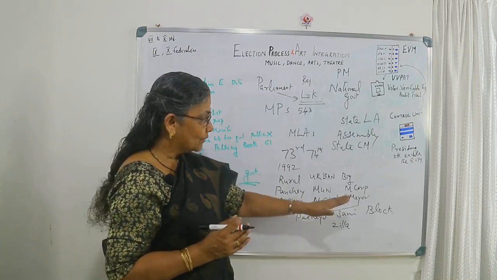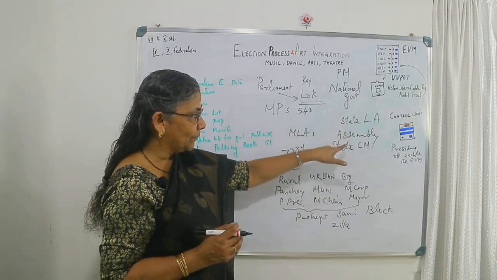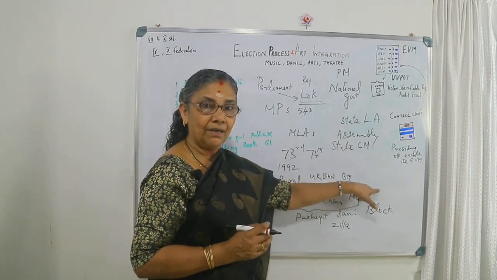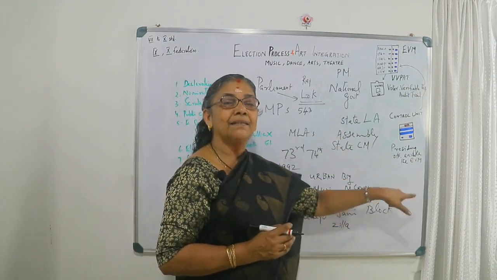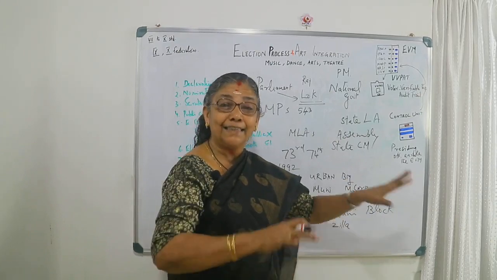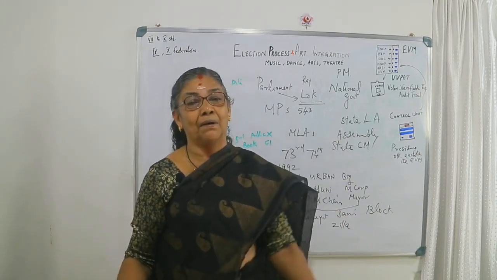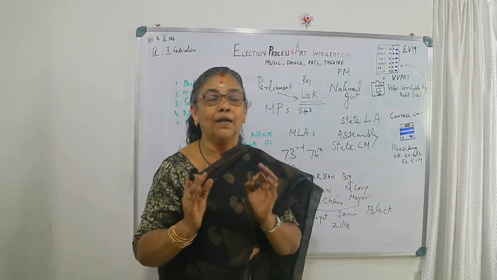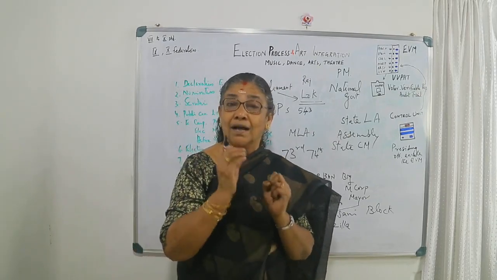So here, the state level, then the district level, that is the Zilla Parishad, then comes the block level, then the Panchayat Samitis, then the Panchayats, and the last one is the Grama Sabha. Grama Sabha means the adult people who cast the vote.